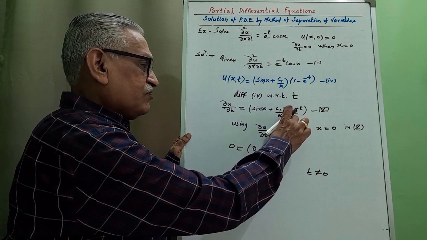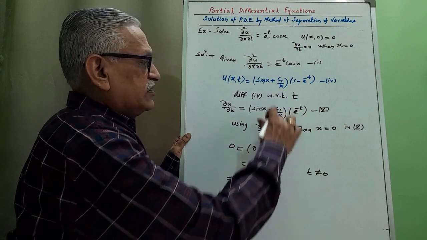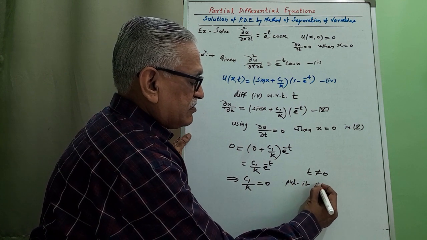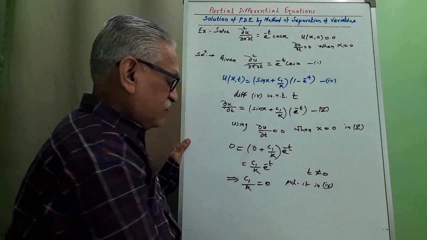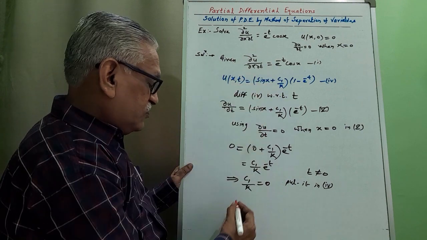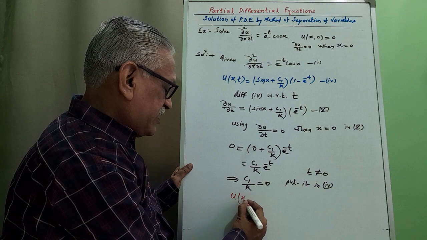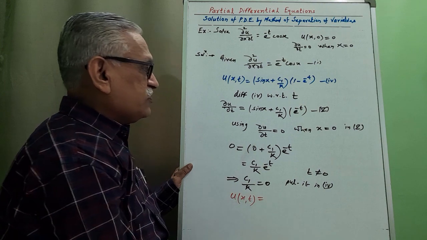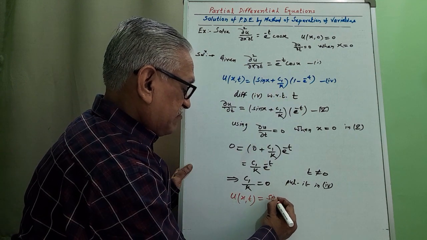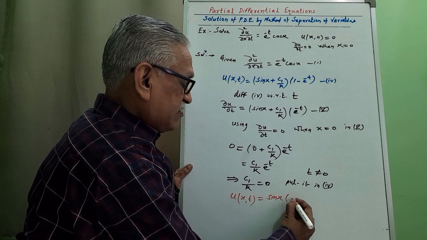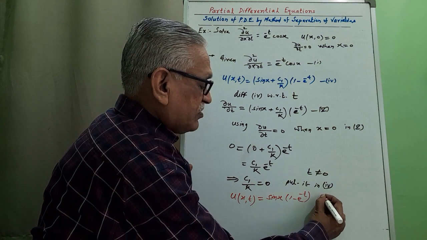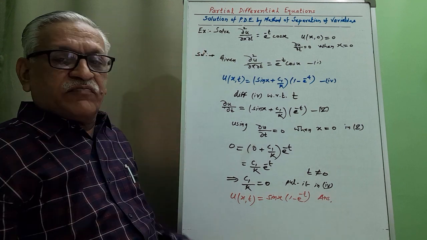Substitute that in equation 4. We get u, which is a function of x and t, with c1 by k equal to 0, means we have only sin x multiplied by 1 minus e raised to minus t as the required solution or the required answer.